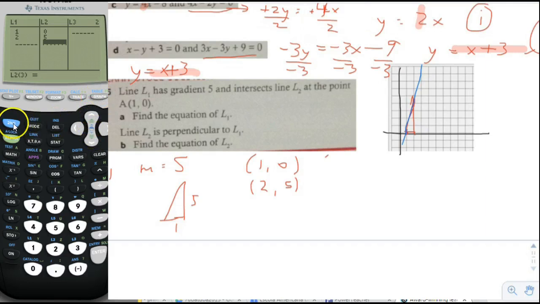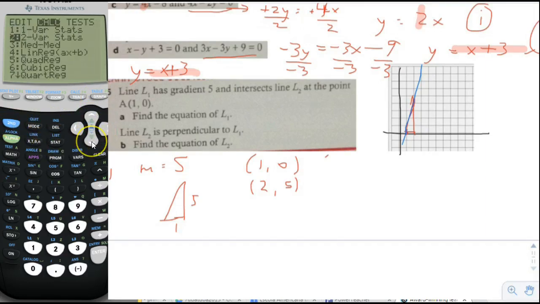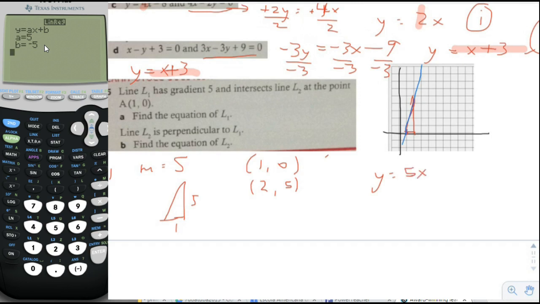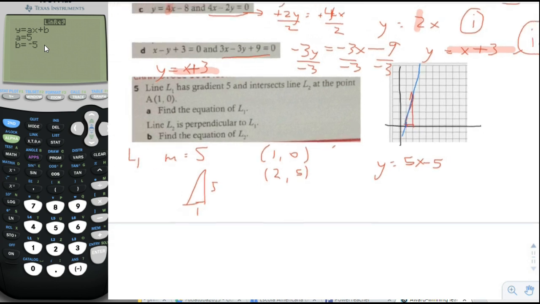And then we're going to do stat calc linreg. L1, L2, that's where we put them, so we just leave L1 and L2, and we do calculate, and then it gives us the equation y equals 5x minus 5. So this blue line, the equation is y equals 5x minus 5.